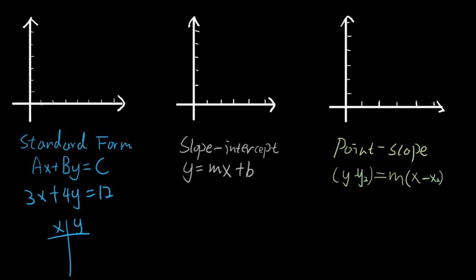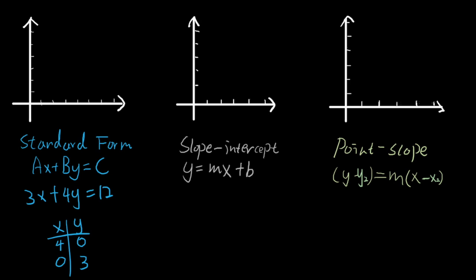So 0 times 4 is equal to 0, so 3x equals 12, when x is equal to 4, y equals 0. The same thing for the y-intercept. If x is 0, y is gonna be equal to 3. When x is equal to 0, y is equal to 3.